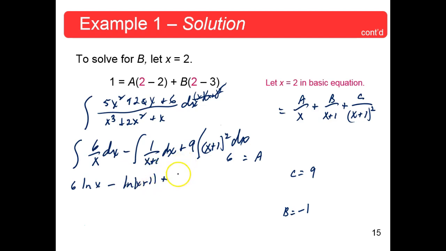Plus, how about this one? 9, what would that be? Really? Okay, I'm sorry. I did forget my 1 over. Sorry. Whew. That was not good. What do you reckon that's going to be? Second?